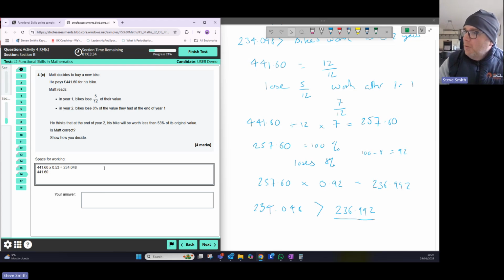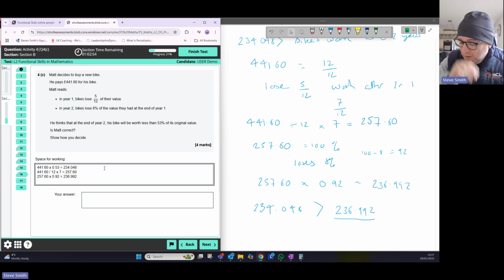Next one I'm doing is 441.60 divided by 12 times by 7 for the 7/12 loss, and we've then got 257.60. Then the second year, 257.60 multiplied by, don't forget, we can multiply by 0.08 to find the 8% and then take that amount away, but switch that part in your head: the bit that gets taken away, take that away from 100, which leaves us with 0.92, and that equals 236.992.